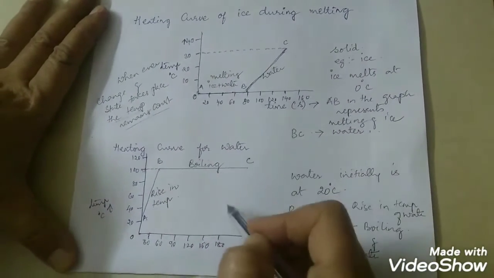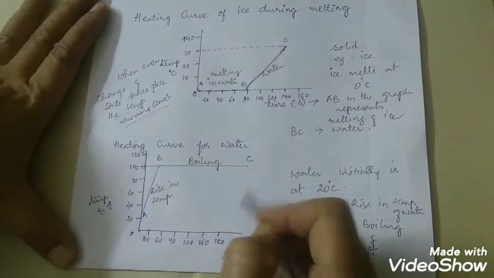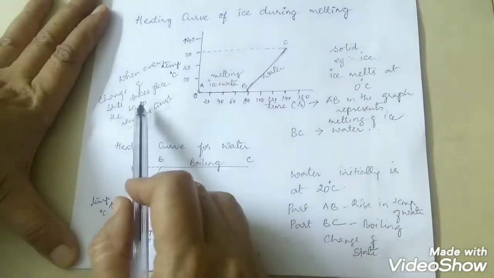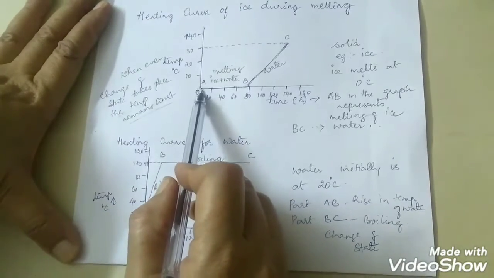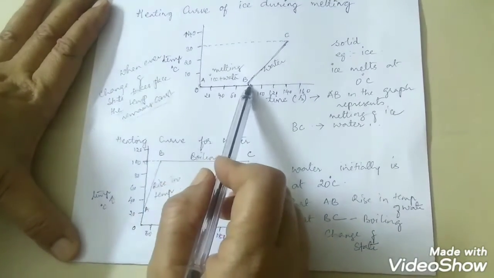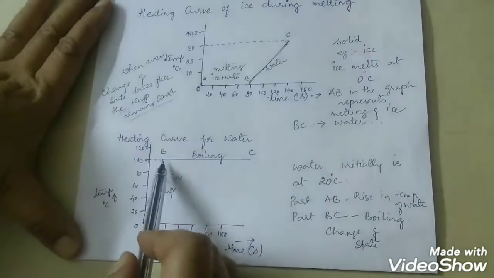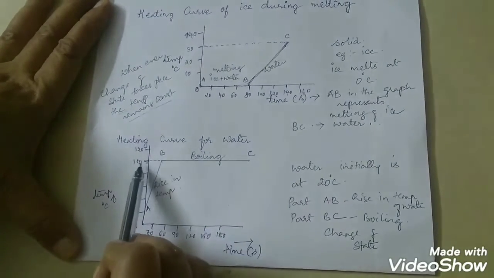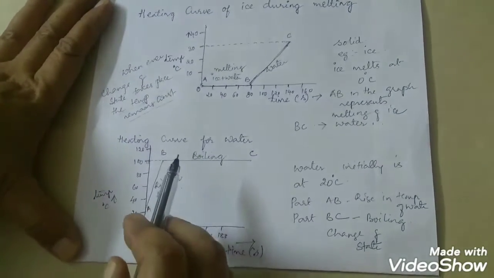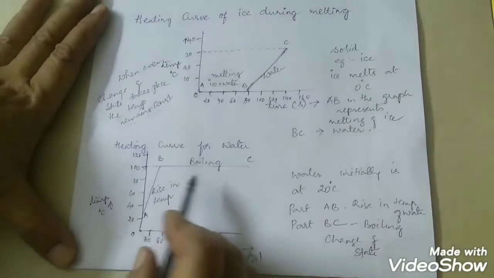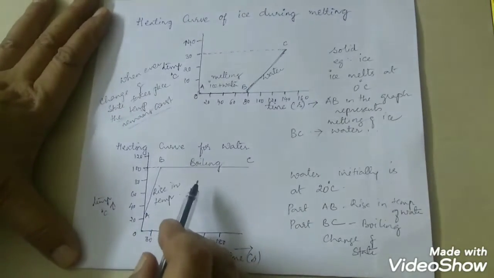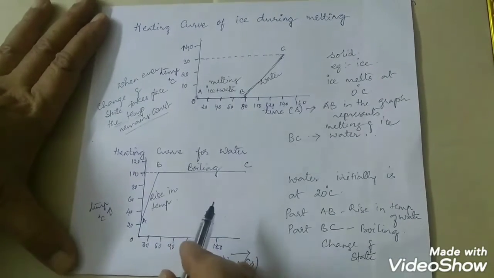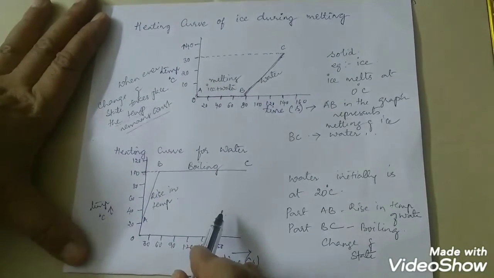If you observe these two graphs, what is the conclusion here? In the heating curve of ice, as long as there is change of state, the temperature remains constant. When ice melts and is converted into water, the temperature remains constant. Again, when water starts boiling and is converted into steam, the temperature remains constant. So from these two graphs, we can infer that whenever there is change of state, the temperature remains constant, even though heat energy is absorbed by the substance.